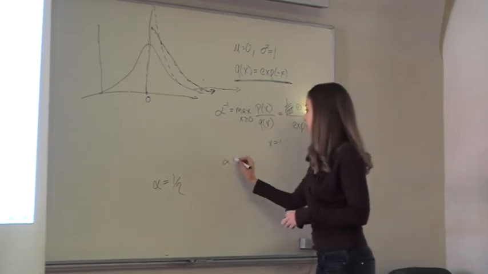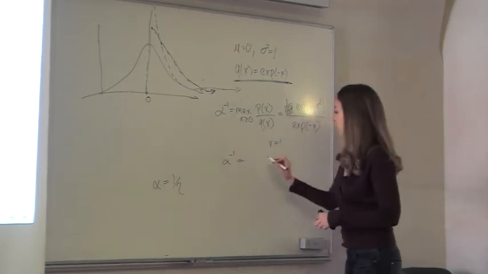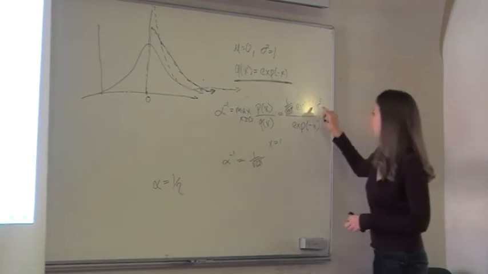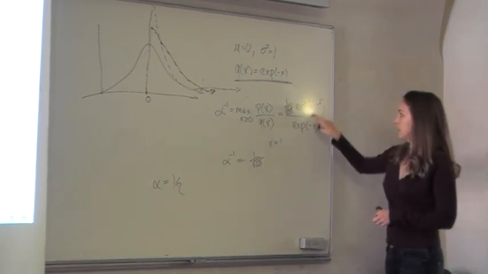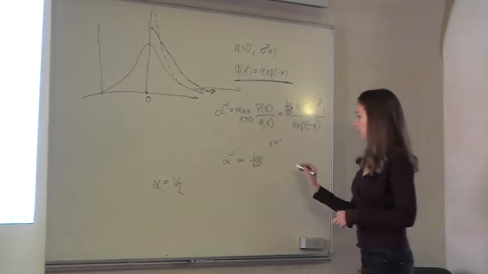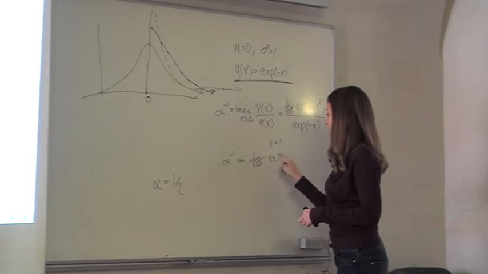So if I plug in 1 here, I get 1 over square root of 2 pi exp to the negative 1/2 divided by exp to the negative 1. We get e to the 1/2.